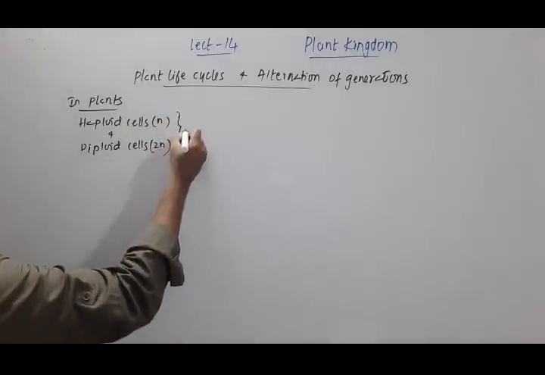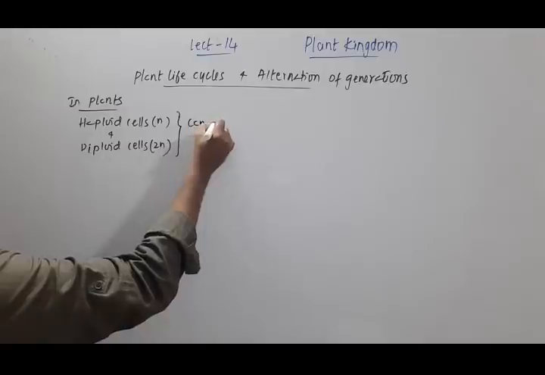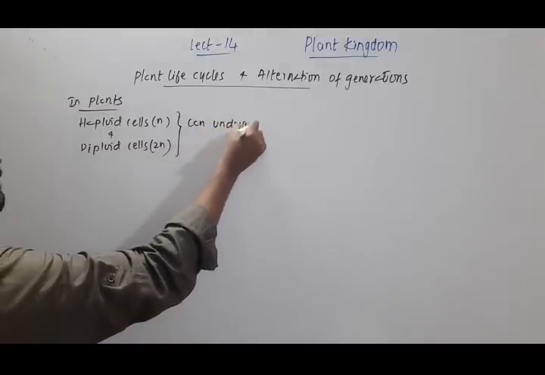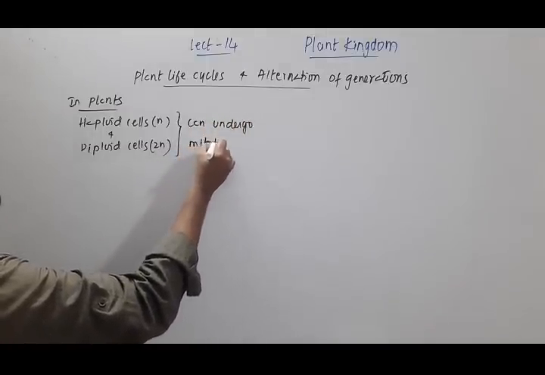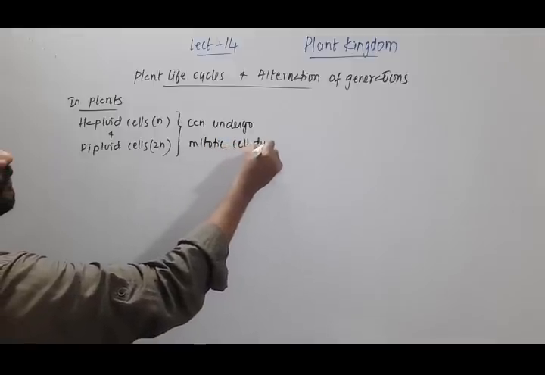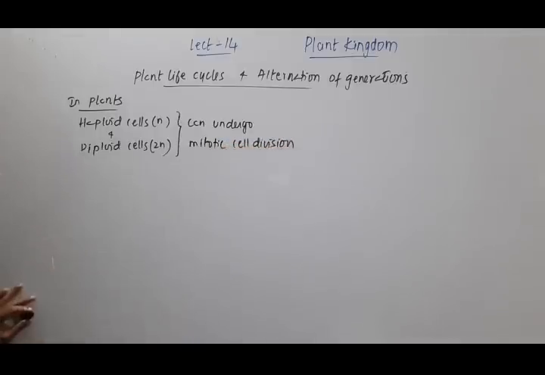So both can undergo mitotic cell division, and by undergoing mitotic cell division in case of haploid cells and in case of diploid cells, it results in the formation of different plant bodies. So we see a haploid plant body and a diploid plant body.